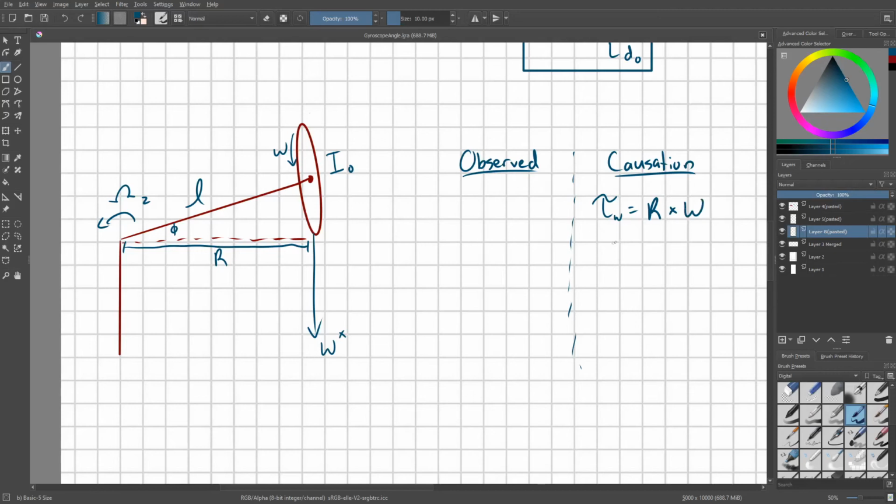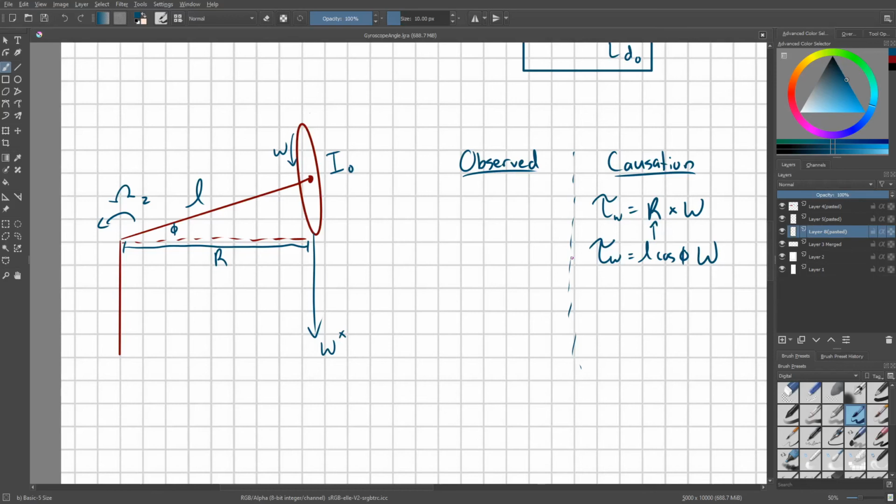And R is just L cosine phi. So this time, our torque is L cosine phi times the weight.